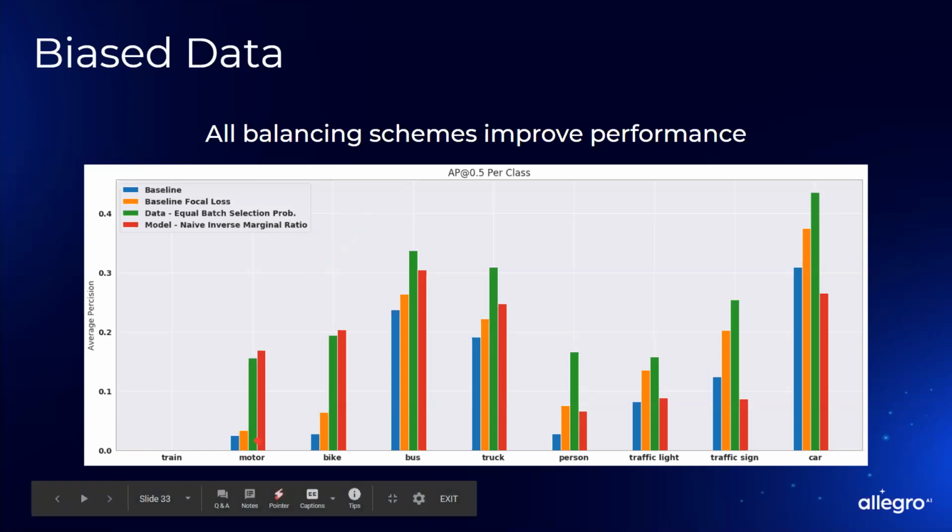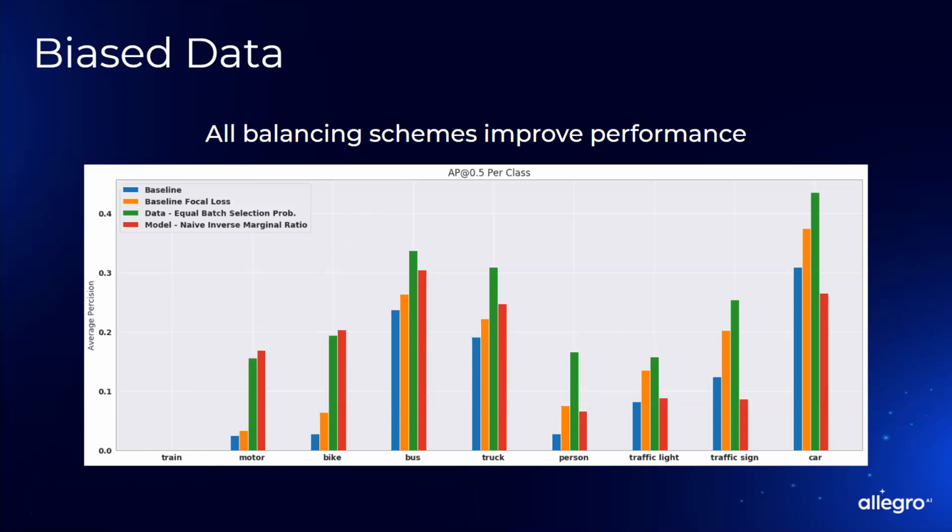So the baseline is pretty bad for the motorbike, the motorcycle, the bike. The bus and truck are okay, the car is okay, but person is completely hideous, right? So you wouldn't trust the model to detect the people if you're letting the car use that model.